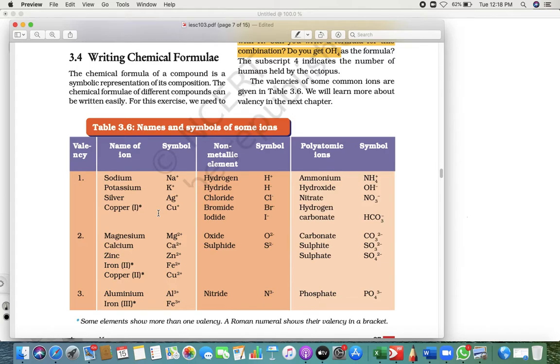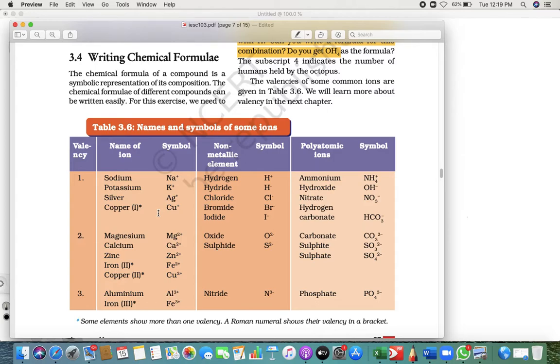So when you say minus, it means it is ready to accept 1 electron, and when you say +1, it means it is ready to give 1 electron. Similarly, there are elements which are ready to give 2 electrons also, for example magnesium, calcium. There are elements which are ready to give 3 electrons also, like aluminium, iron. Similarly, oxide, sulfur, they are ready to accept 2 electrons, nitride 3 electrons, likewise.